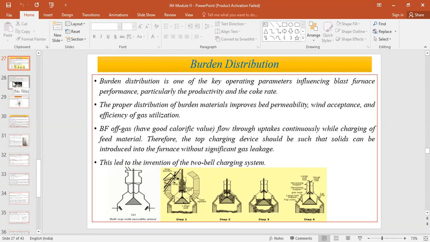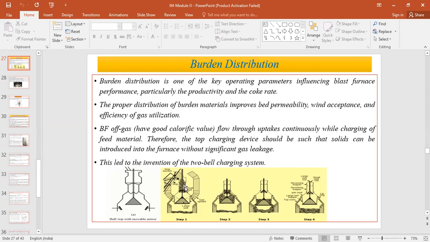But in the meantime, the blast furnace operators have encountered some problems with the bell type of charging system.